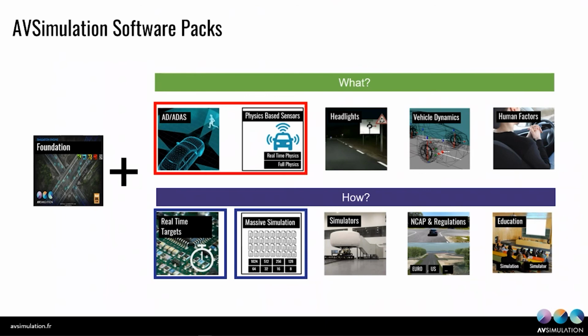The one we showed was on a workstation, but to test and validate ADAS we also offer the massive simulations pack that allows our customers to benefit from Scanner features to run simulation on HPC cloud architecture, including Docker, etc. So if you want to do a massive simulation with NCAP, you will be able to do it.